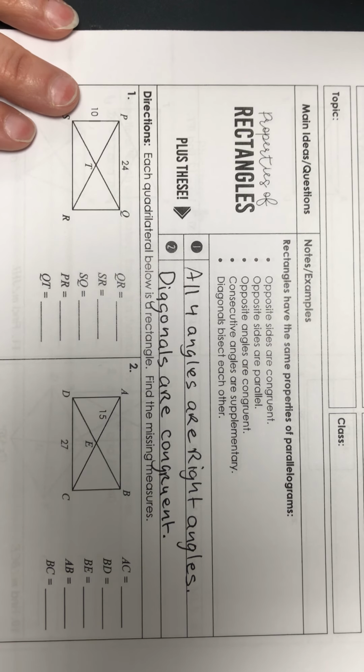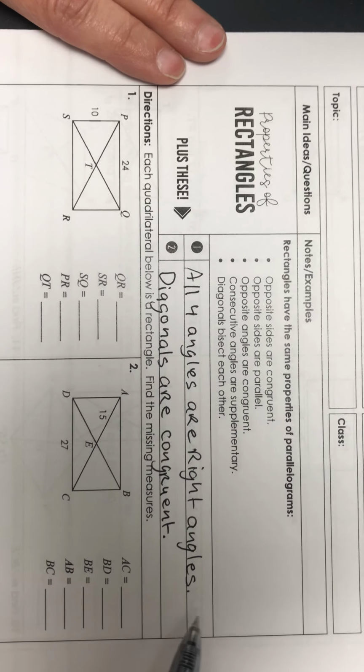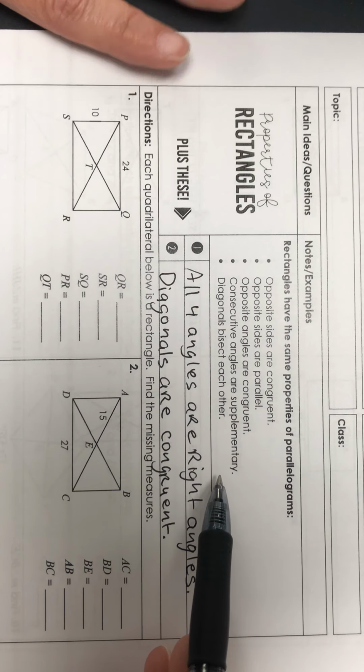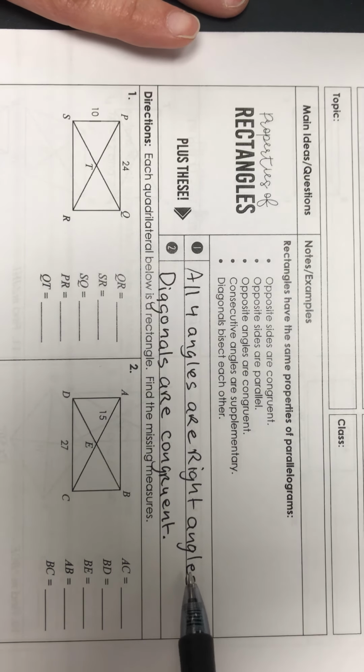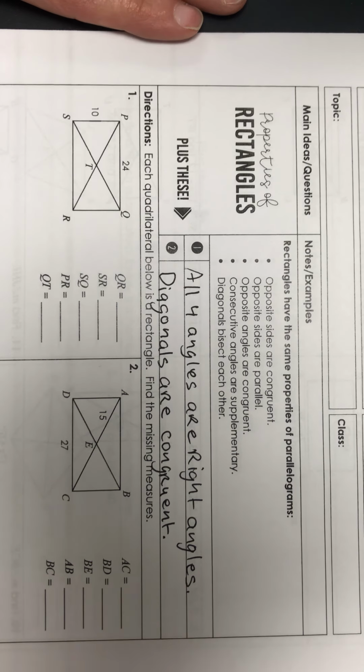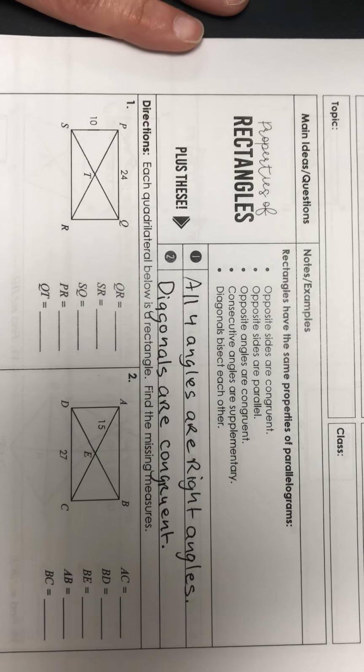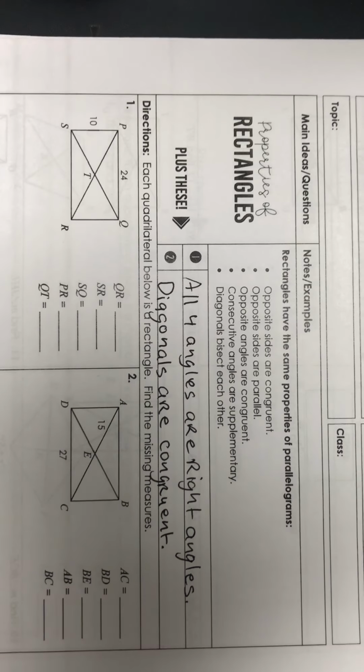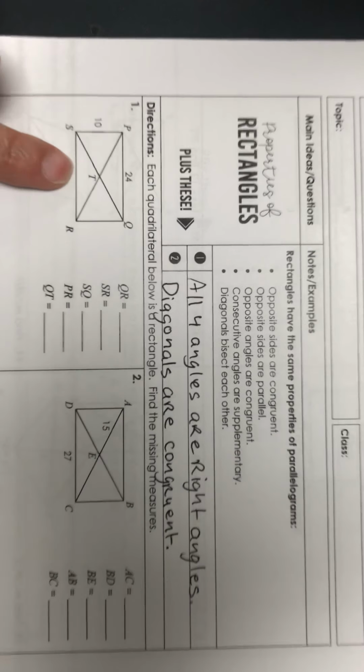They do still bisect each other, so that means all 4 halves end up being congruent. So 5 properties of the parallelogram still remain, and then we have the 2 additional properties because it is a rectangle. And we're going to find out there are some other things that do come into play.